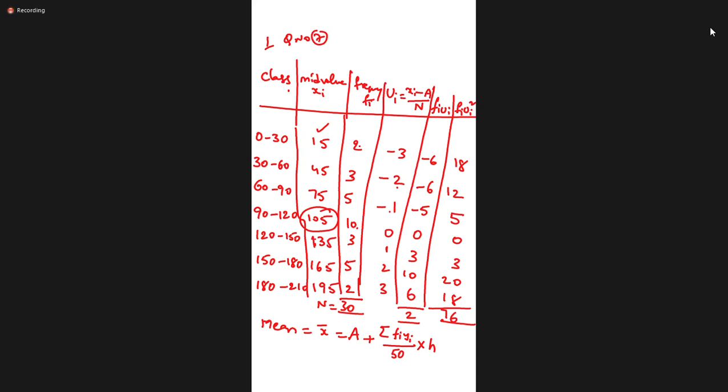Here the class interval is 30. A you know, sigma fi ui you know. Substitute the values. N means 30.